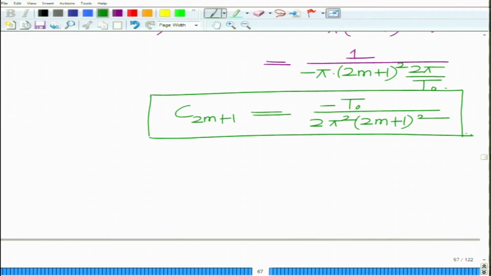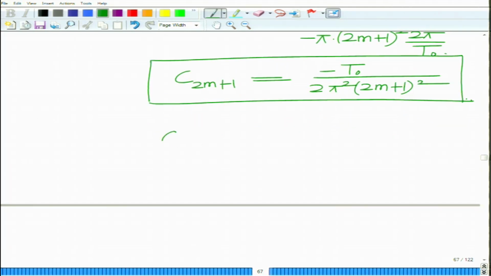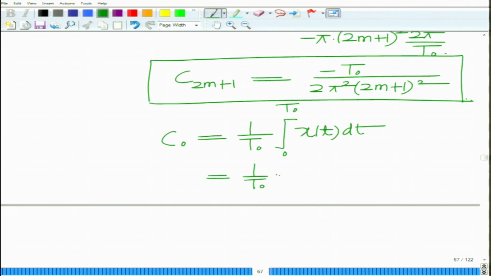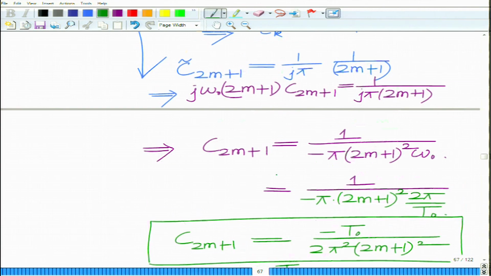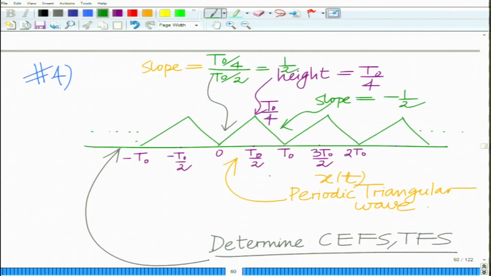So, for that we simply evaluate the DC coefficient. Remember, the DC coefficient C naught equals 1 over T naught integral 0 to T naught of x t dt, which is 1 over T naught times the area under x t, which is a triangular wave in an interval of duration T naught.